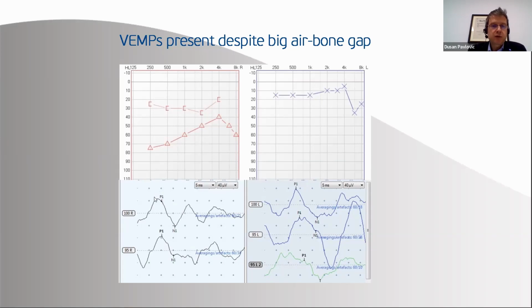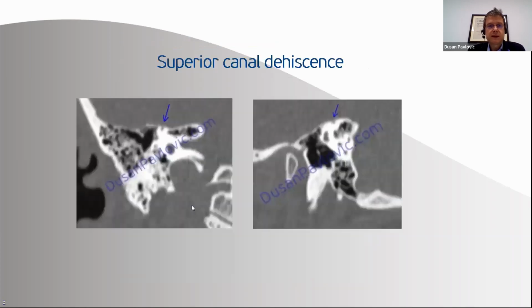So actually the presence of a VEMP response in an ear with conductive hearing loss is very suspicious for dehiscence. And of course, this is a CT scan which confirms dehiscence of the superior semicircular canal in the right ear.